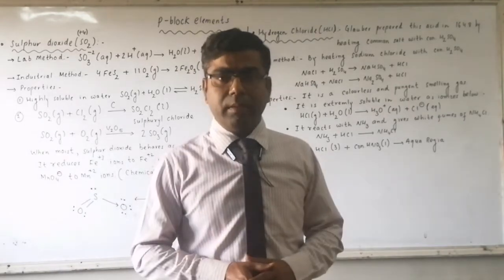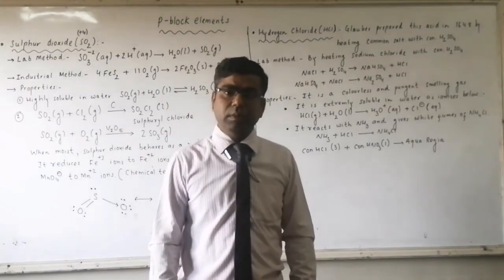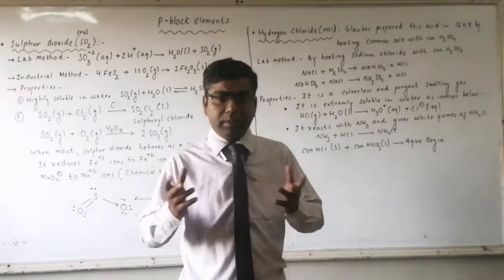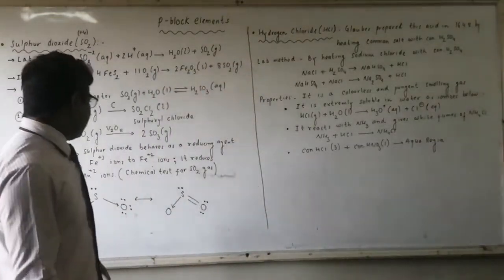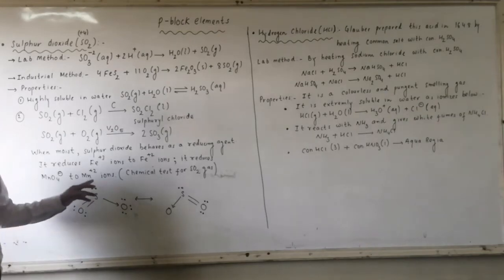MnO4- is a violet colored compound. What happens? MnO4- is converted to Mn+2 ion, which is a colorless ion.